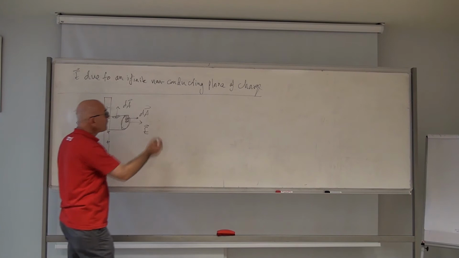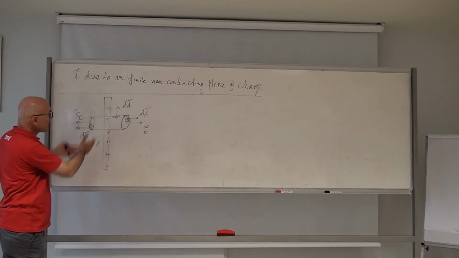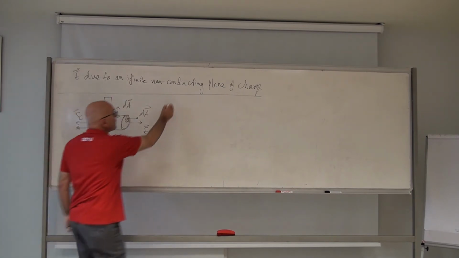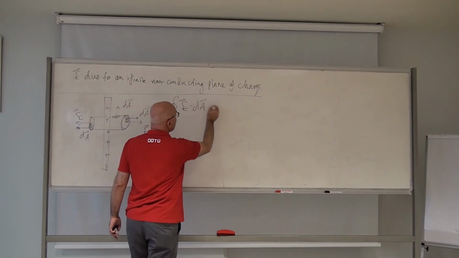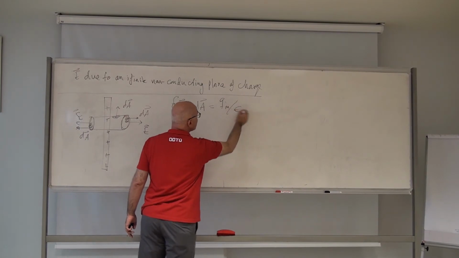Okay? Now I apply Gauss's law to this surface and see how I can find the electric field. Gauss's law is just the closed integral of E dot dA equals Q enclosed divided by epsilon naught.